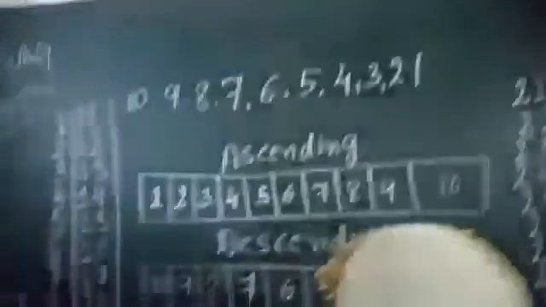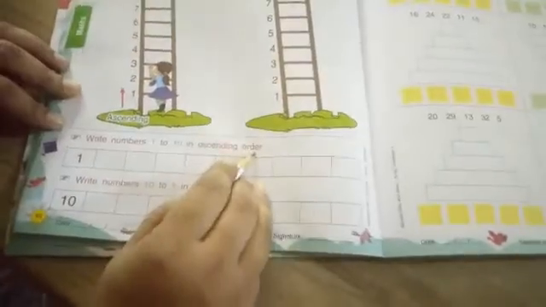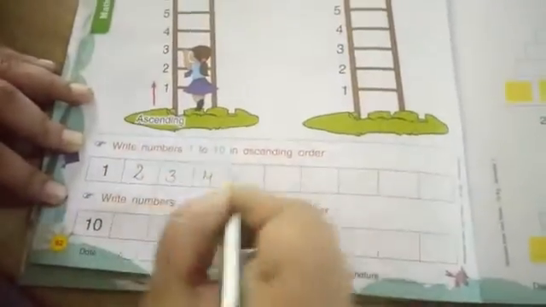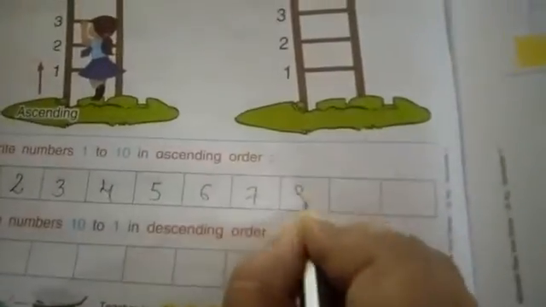Okay. Come to here. Write numbers 1 to 10 in the ascending order. Like this only you write. Here we have to write 2, 3, 4, 5, 6, 7, 8, 9, 10.